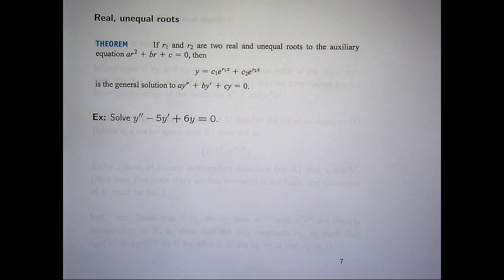A quadratic equation can have a number of types of roots. It can have real and unequal roots. It can have real and repeated, or real and equal, roots. Or you can have complex roots. And each case demands a slightly different style of solution.